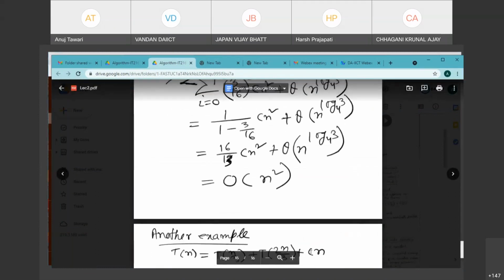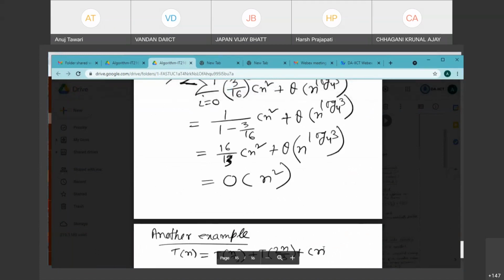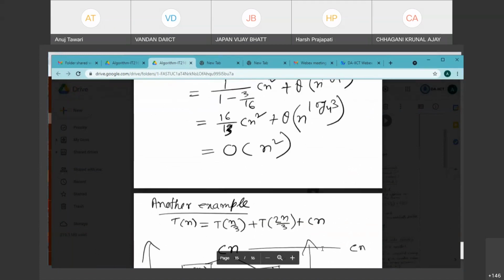Now try to solve this example. T(n) equal to T(n/3) plus T(2n/3) plus Cn.